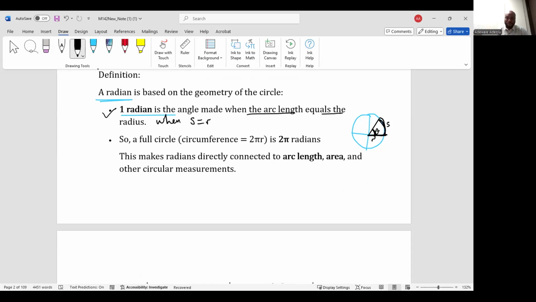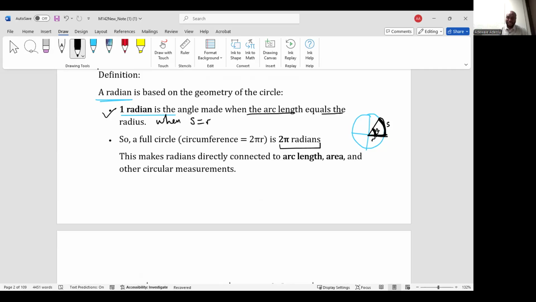So a full circle, whose circumference is 2 pi r, is now 2 pi radians, right? It's 2 pi radians because we are claiming that when the radius is equal to the arc length, this angle is 1 radian.